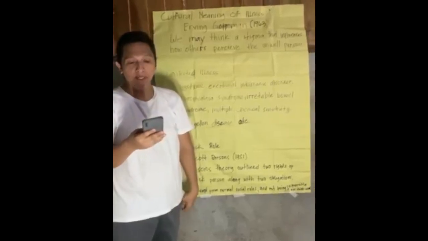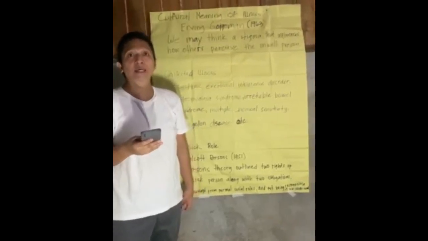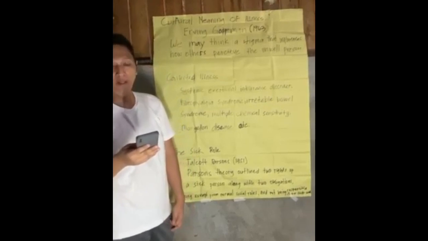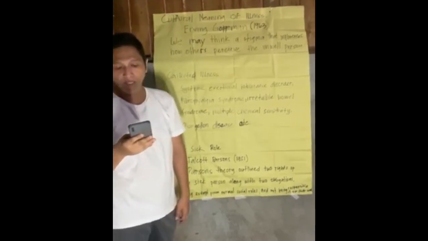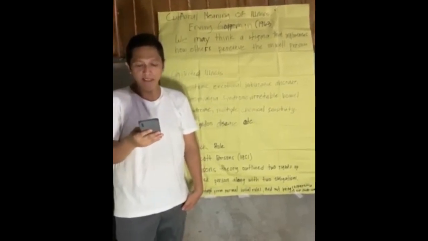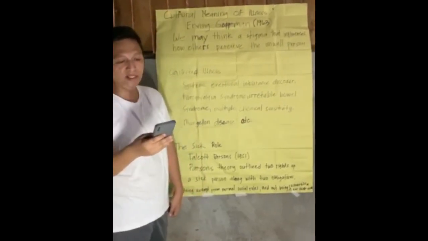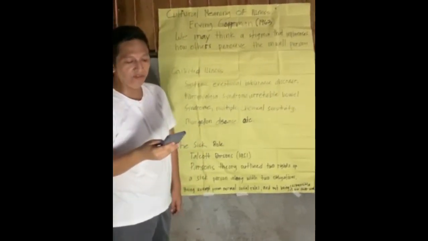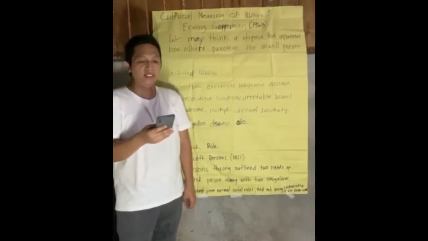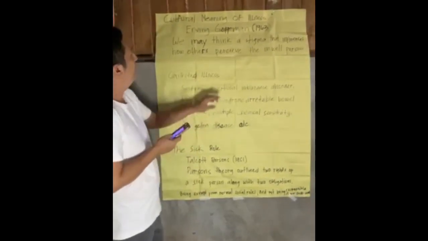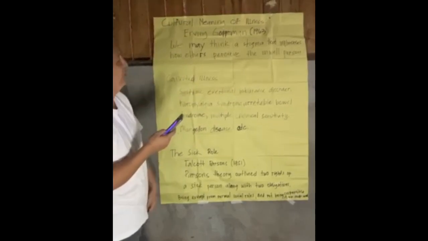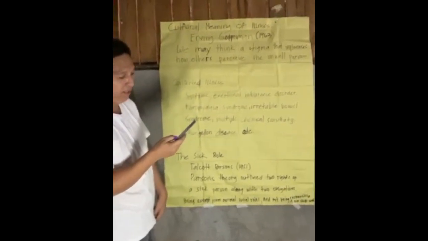So, good day. I'll be discussing the cultural meaning of illness, contested illness, and the sick role. So, cultural meaning of illness. According to Erving Goffman in 1963, the stigma of a disease influences how others perceive the unwell person.